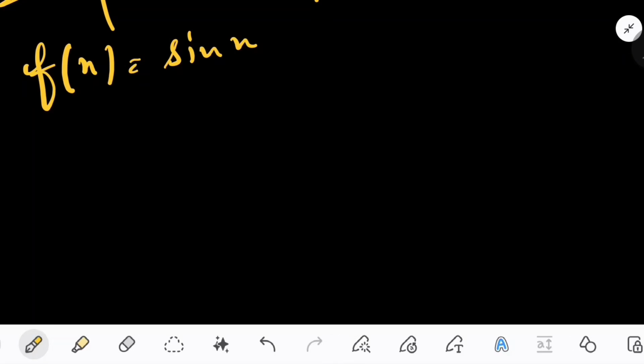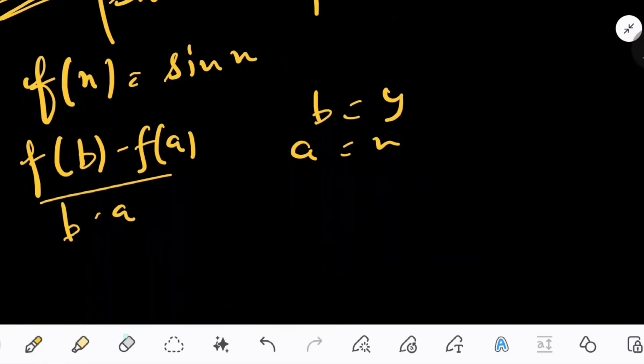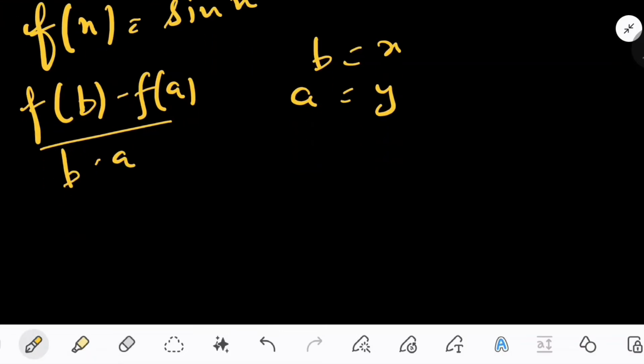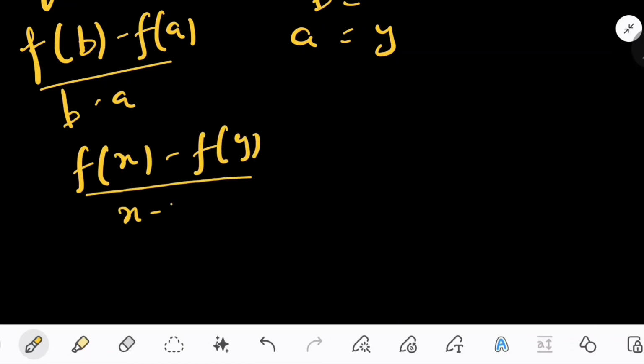Now apply Lagrange theorem, Lagrange mean value theorem, sorry. f at b minus f at a upon b minus a. Here b is equal to y, a is equal to x, or you can say opposite also, since whatever the case is, right? So f at x minus f at y by x minus y is equal to f dash at c, right?